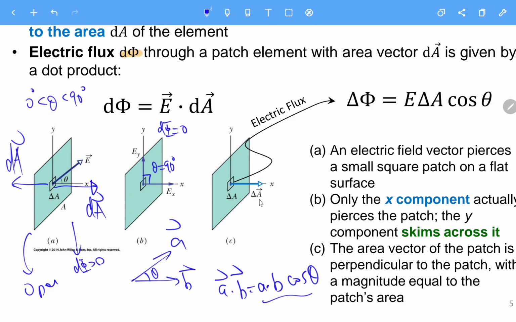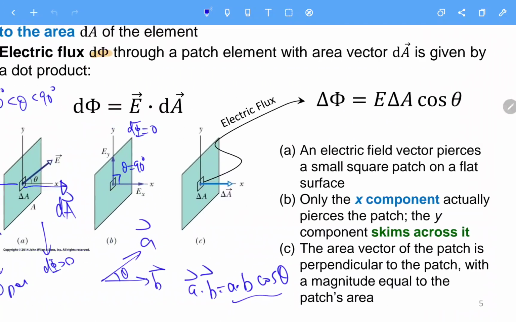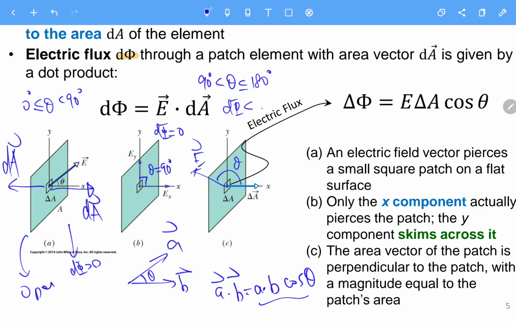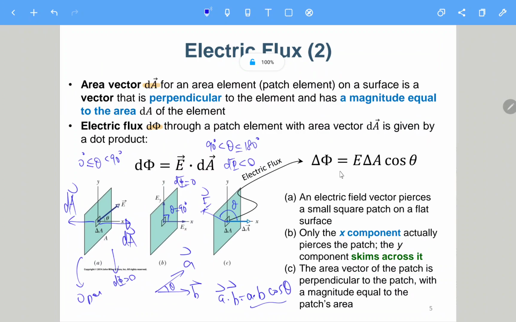Okay, and then if E points to the other side like this, which means that this is theta, if theta is larger than 90 degrees and smaller or equal to 180 degrees, this d phi will be smaller than 0. Just like this.